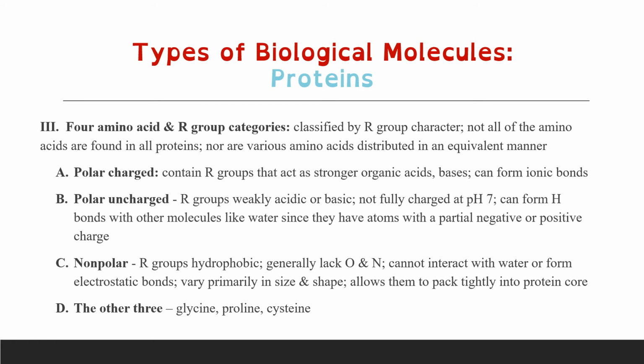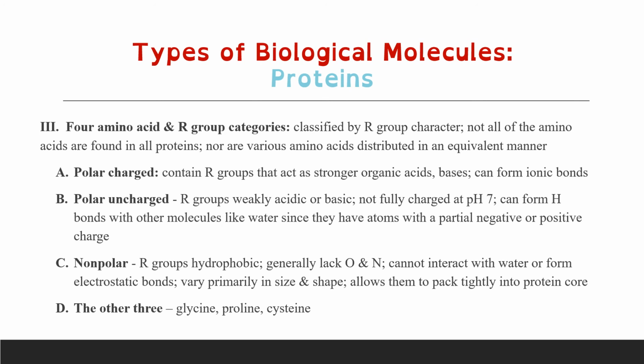Next, we have the nonpolar category. Here, the side chains of these amino acids are hydrophobic and are unable to form electrostatic bonds or interact with water. So it includes alanine, valine, leucine, isoleucine, tryptophan, phenylalanine, and methionine. And lastly, for the other three amino acids, there's actually a difference in their conformation.